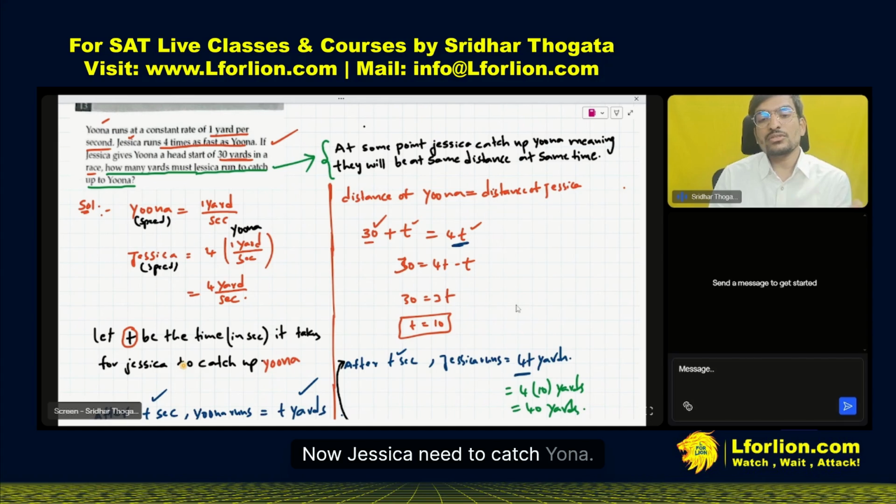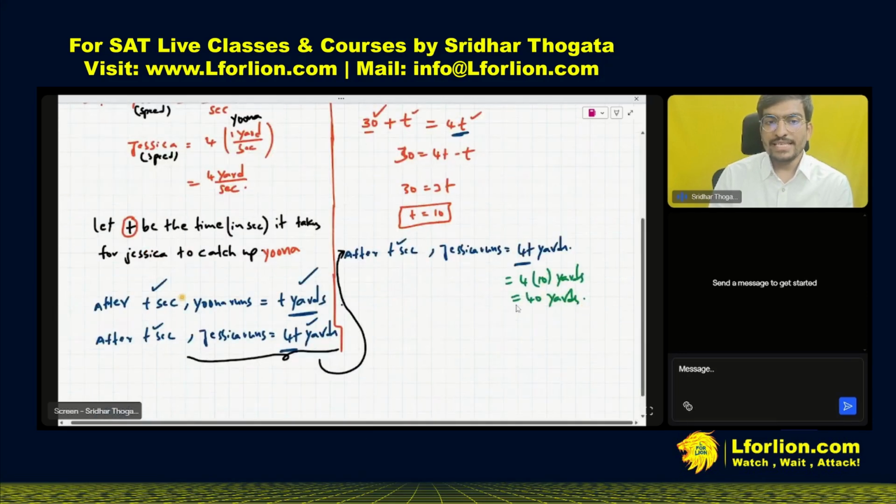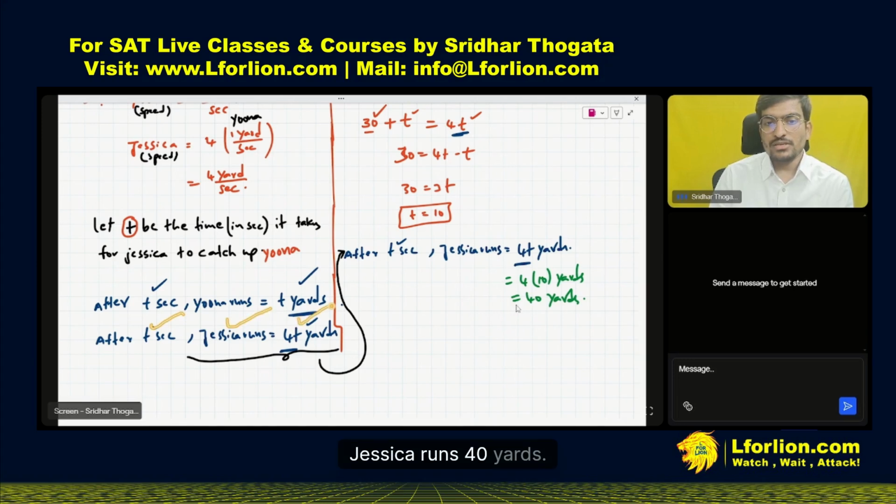Now Jessica needs to catch Yona, but how many yards must Jessica run? So we consider the time it takes for Jessica to catch up to Yona as T. After T seconds, Yona runs T yards. After T seconds, Jessica runs 4T yards.